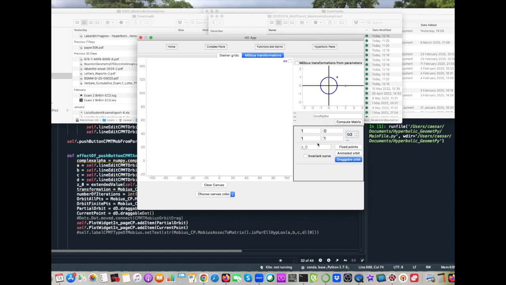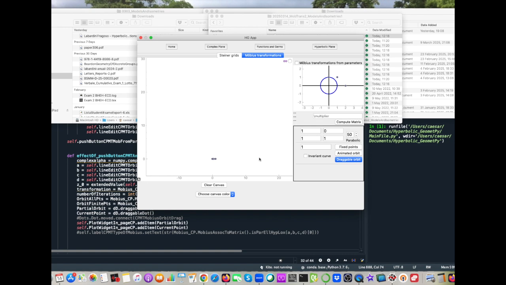this animated orbit doesn't yet work, but this one should work. Okay, sorry. I'm not going to take 0 because 0 just gets switched with infinity. So let's take 1.